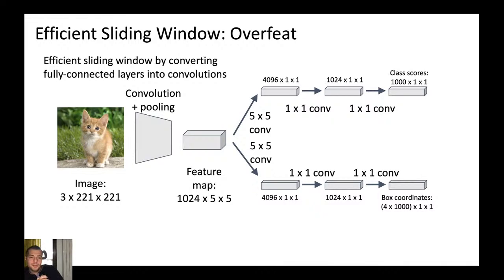So with these changes, we can replace the fully connected layers with convolutions. So what's the benefit of doing this? Why do we need convolutions? The main advantage is that when we transform this architecture into a fully convolutional architecture, we can apply the model on images of various sizes.